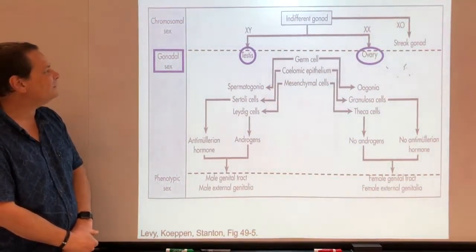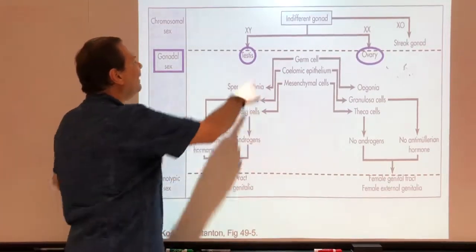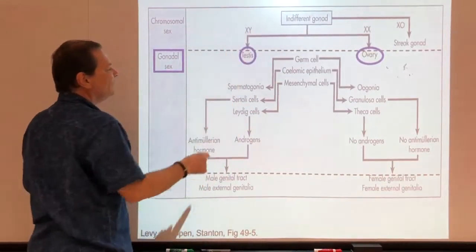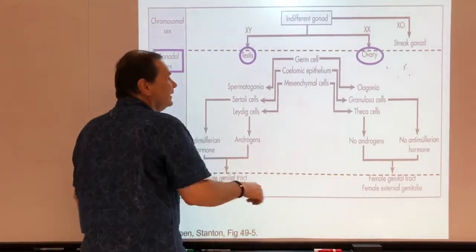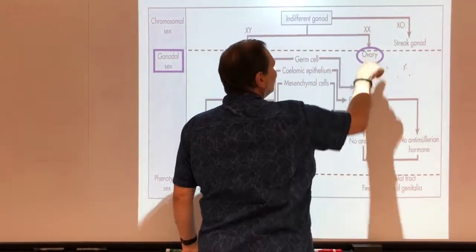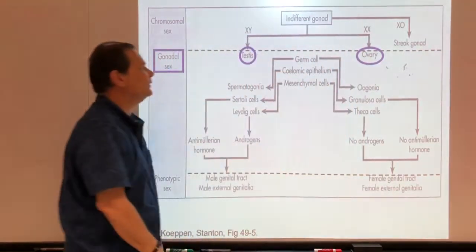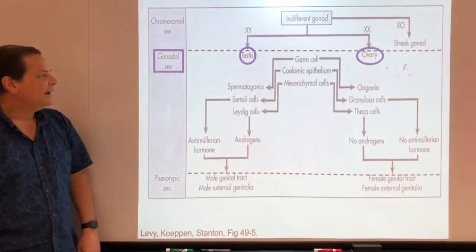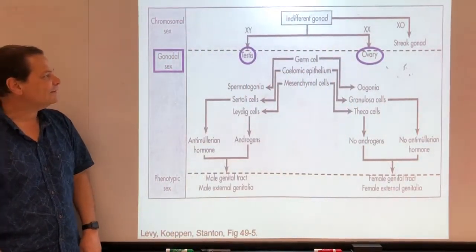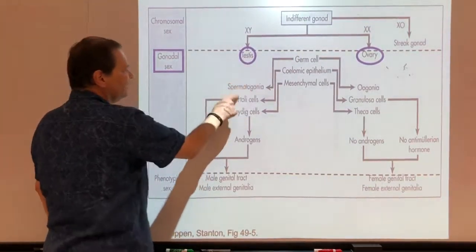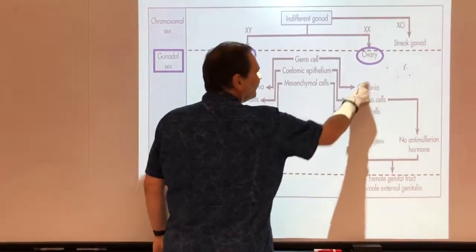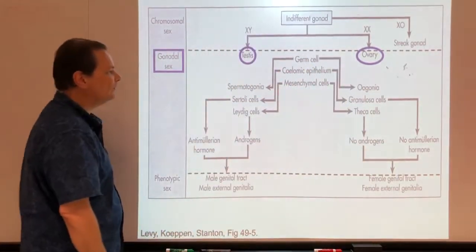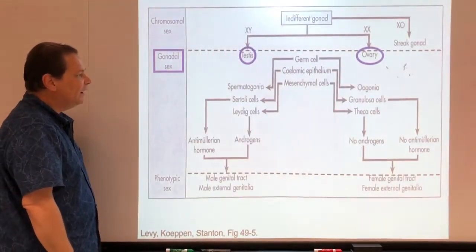And that leads to gonadal sex. If you have a Y chromosome, you will develop testicles, right? And if you do not have a Y chromosome, you develop an ovary. You do not develop testes. And so if we look at this, if you've got testicles, that means you have spermatogonia, you produce sperm. For ovaries, you produce oocytes, right, eggs.